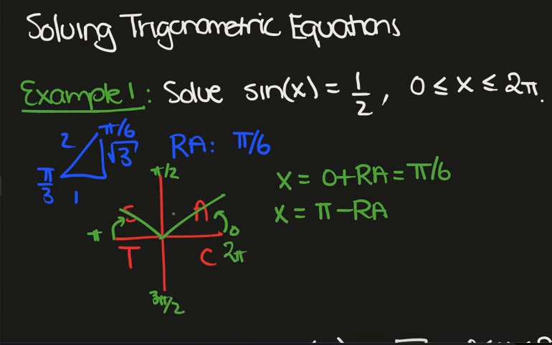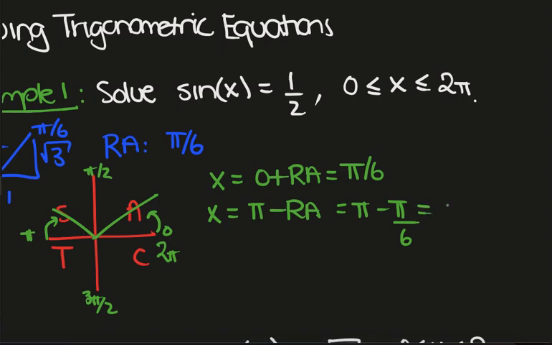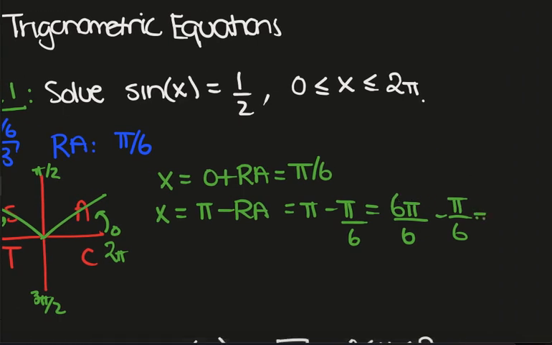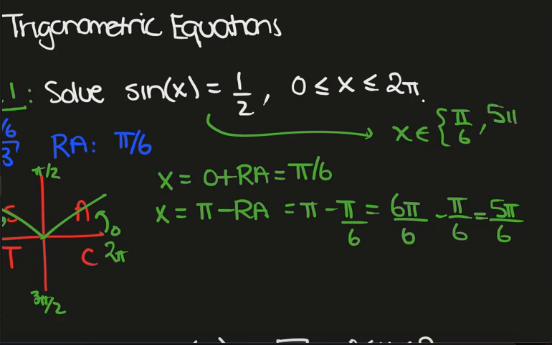So here, if I want to go clockwise, I go minus the reference angle. So I have pi minus pi on 6, and this is 6 pi on 6 minus pi on 6. So we get 5 pi on 6. And the solutions of this are therefore x equals pi on 6 or 5 pi on 6.